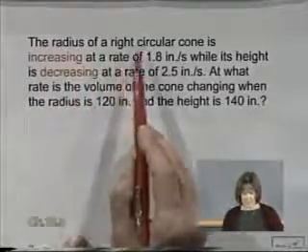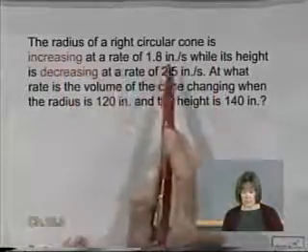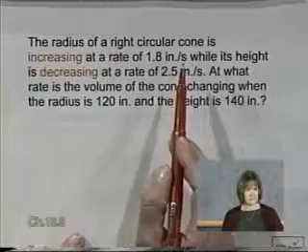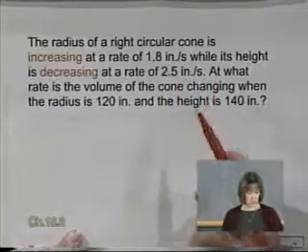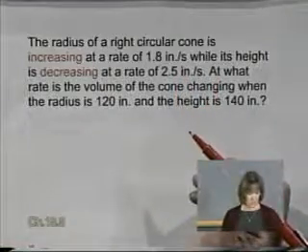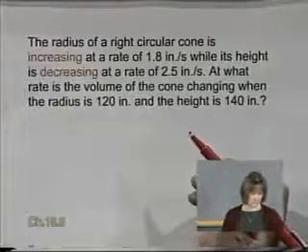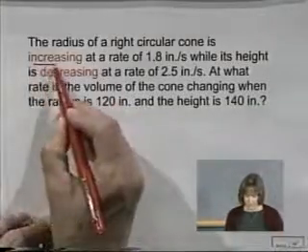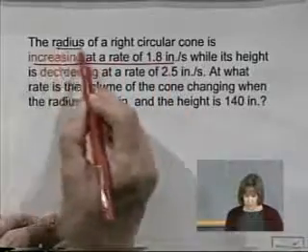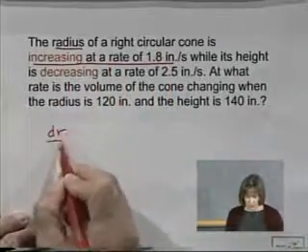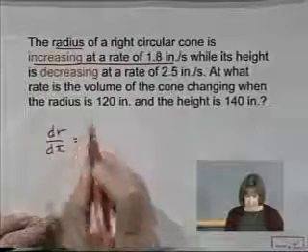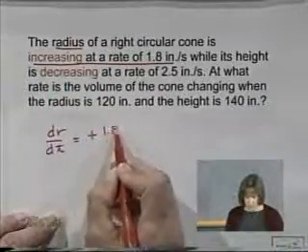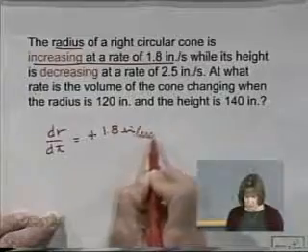Now let's first of all write down what we know here. The radius of a right circular cone is increasing at a rate of 1.8 inches per second. What are they giving you there? You're going back to your Calculus 1 days. The radius is increasing, so they're giving you dr dt, and it's increasing, so it's a plus, 1.8 inches per second.